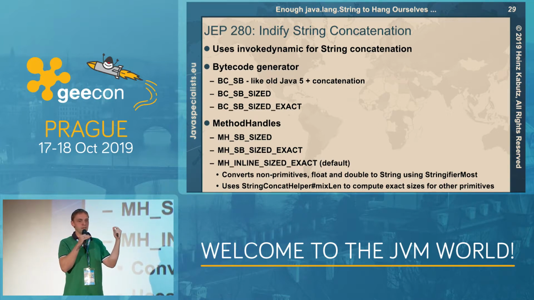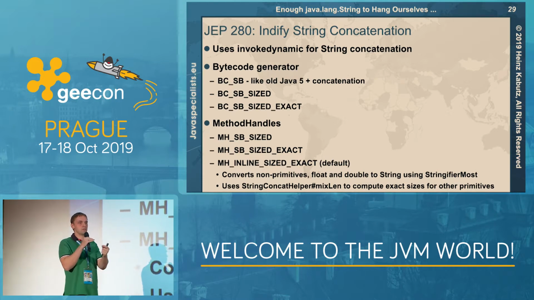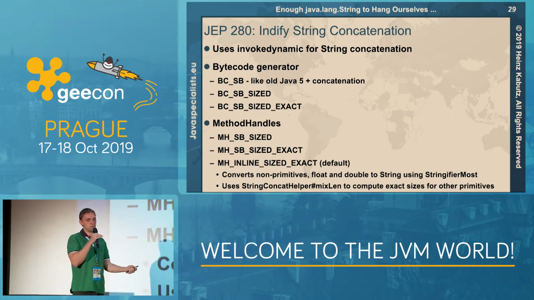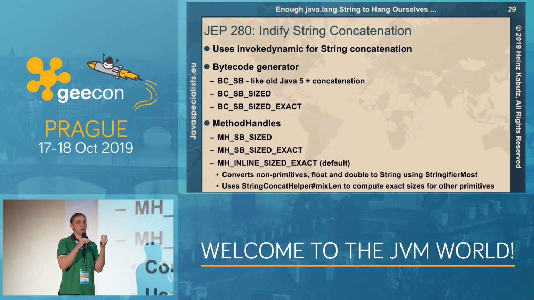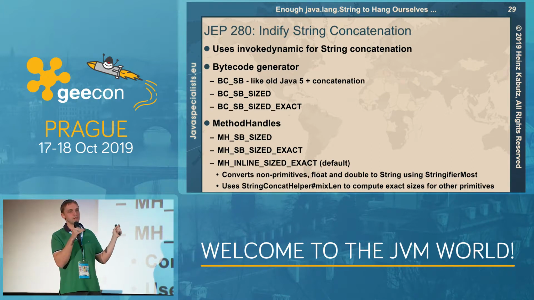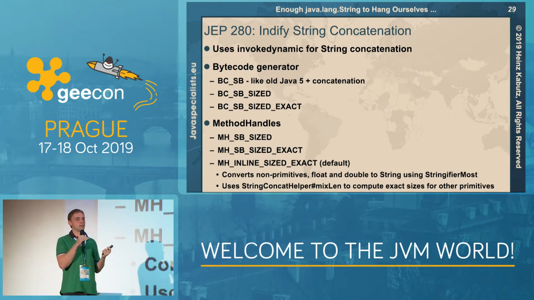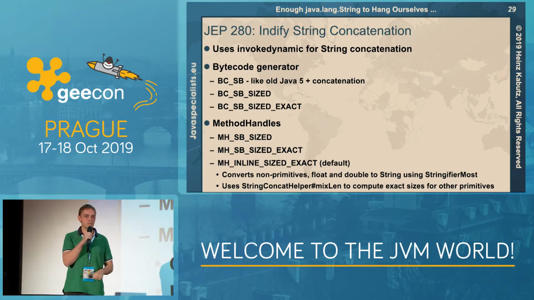So when you compile your plus code, you're going to see a single invokedynamic call, which will jump to StringConcatFactory, which will at runtime build the code to run this particular concat. So every single concatenation in your code becomes custom code generated at runtime. How cool is that? And then you have 6 strategies.